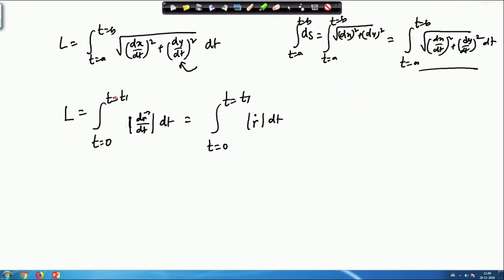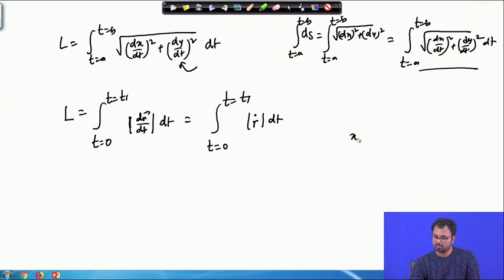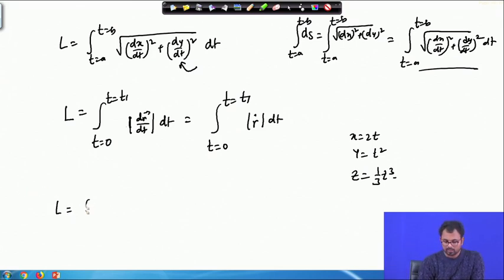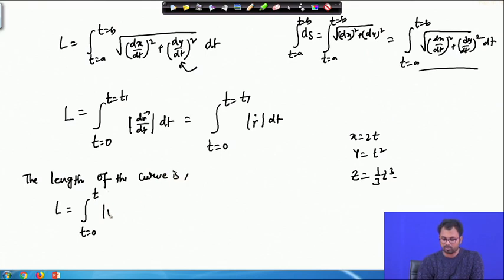So in the example from the previous class, where we had x equals 2t, y equals t square, and z equals 1 by 3 t cube, if we want to calculate the length of the curve from a point t equals 0 to a point t, then our L is basically the integral from 0 to t of mod r dot dt.